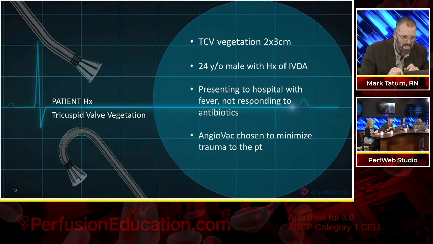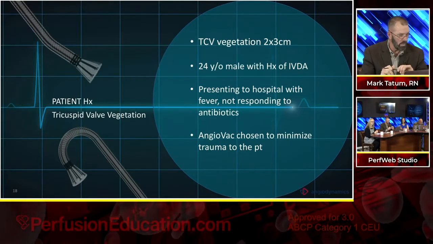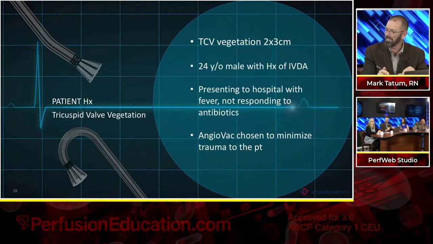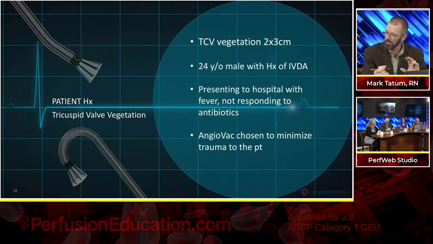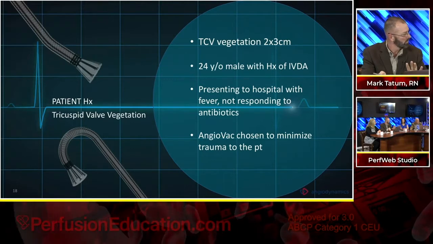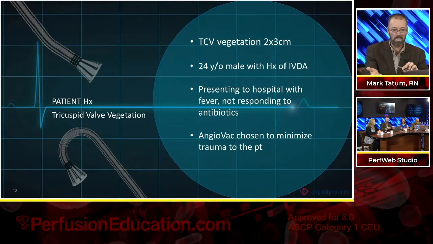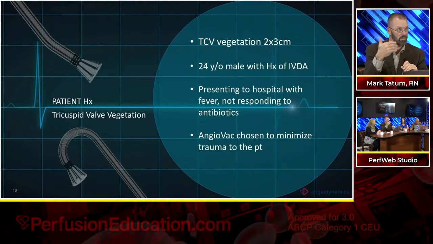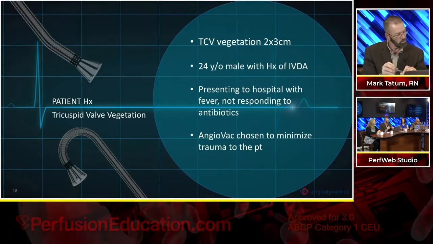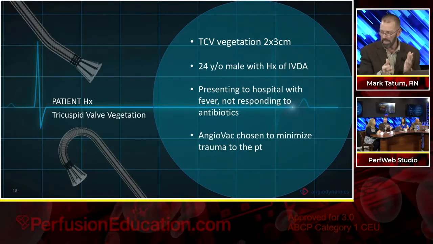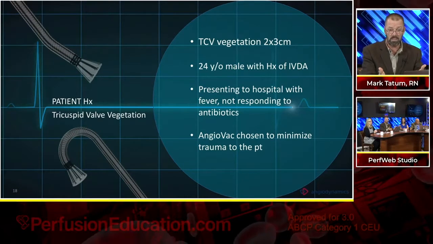With a TTE image, you have about a 70% specificity to the presence of material, but your specificity to size is only roughly 30%. If you take it to TEE, the detection of presence of material increases to 100%, but the appreciation of size is still only at that 70 to 80% mark, and that is dependent upon the skill of the practitioner doing the TEE.